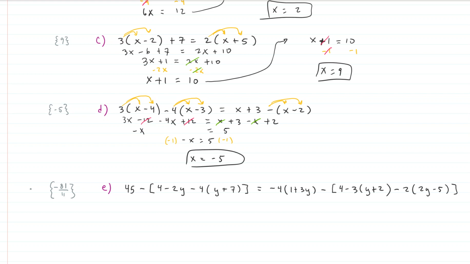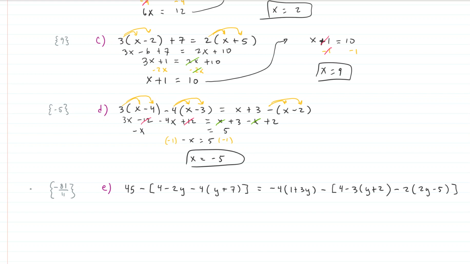Inside the square bracket, we have 4 minus 2y minus 4 times the quantity y plus 7. That equals, on the right side, we have 4 times the quantity 1 plus 3y minus square bracket 4 minus 3 times quantity y plus 2 minus 2 times quantity 2y minus 5. Wow.